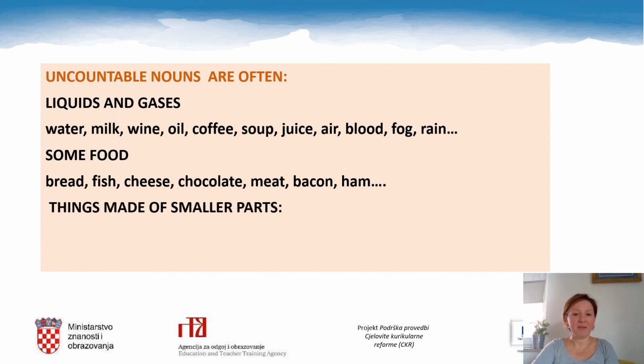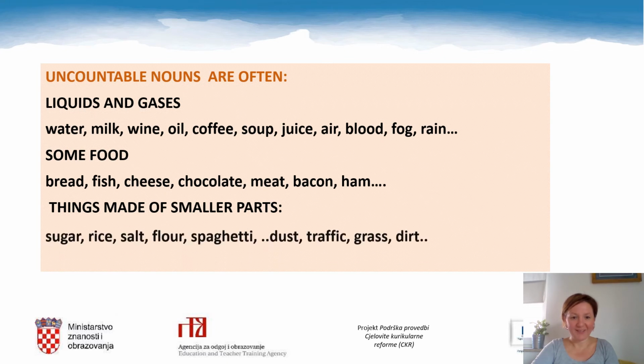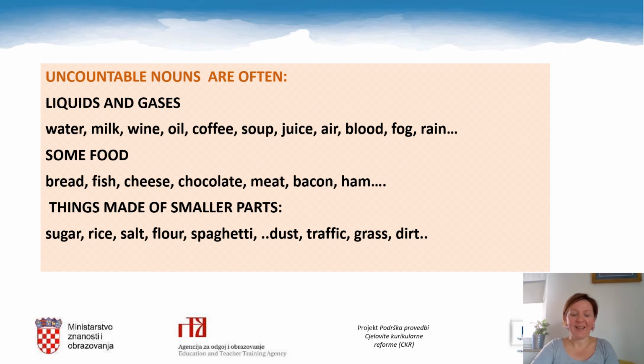Then we have things made of smaller parts. You are quite aware of that when you drop a bag of something in your kitchen and then you have to clean it. Let me show you what I mean. Sugar, yes, flour. And then, not to talk about food all the time, dust, traffic, and dirt.